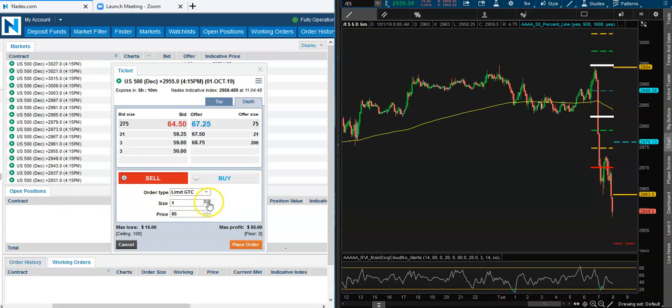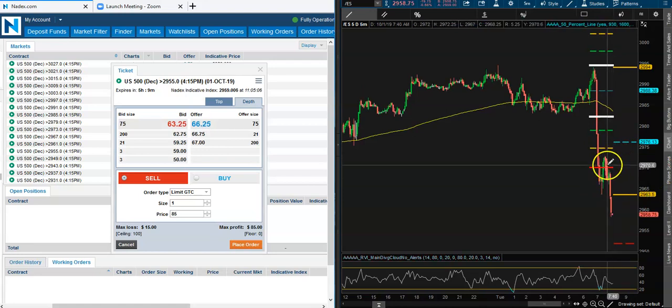Meaning, instead of doing one contract, you could do 2 or 3 contracts and then you made $60. But I just want to show that was a perfect trade. Hey, we were wrong, and then all of a sudden we were correct on the trade, and now we could start to manage our profits.